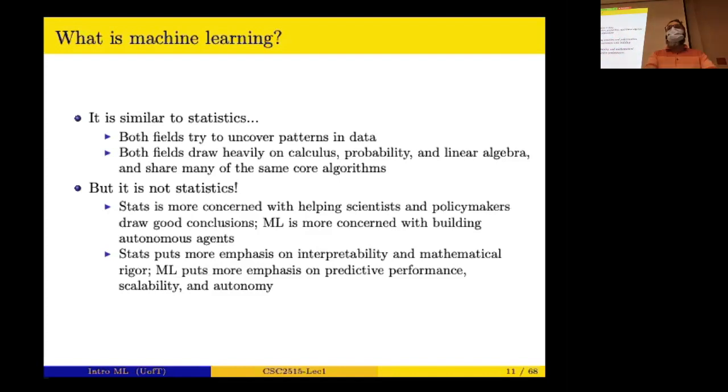So you can think of statistics traditionally as being there to help scientists, but machine learning is to make things more like AI systems. There is more emphasis on interpretability in statistics, but in machine learning more emphasis on predictive performance.